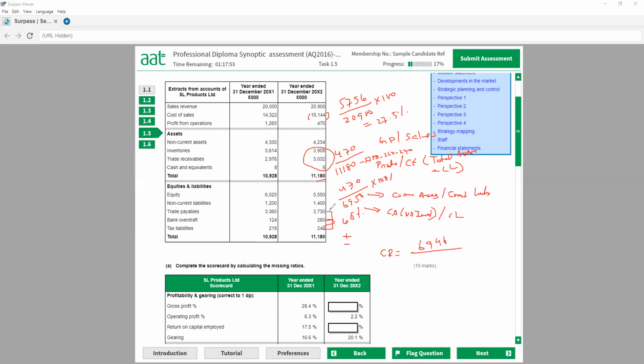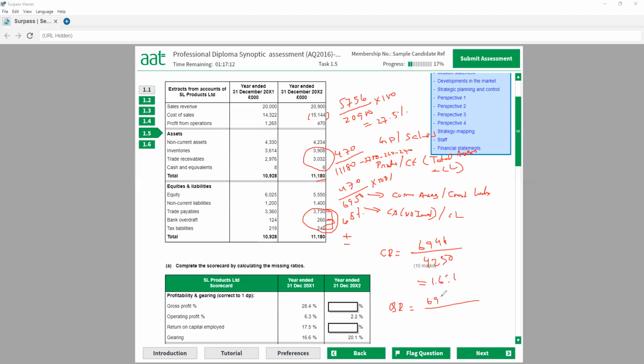The current liability is 3730 plus 260 plus 240, that gives me 4230. Then 6946 divided by 4230 gives me 1.6 to 1.